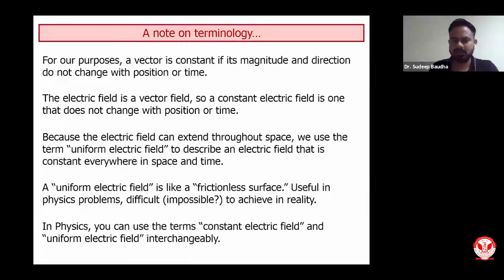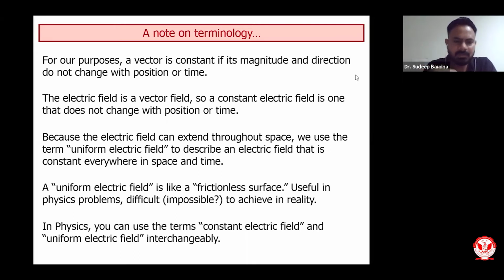So let us have a quick recall of what we have done in yesterday's session. We talked about electric field lines. Then we talked about the dipole in a uniform electric field, what the possible torques are, and what the net force on that dipole is. Then we saw how to calculate electric flux over a particular geometry because of a uniform electric field.